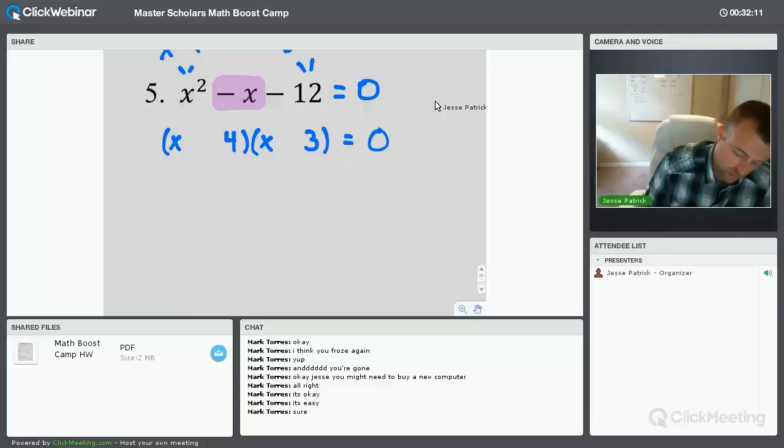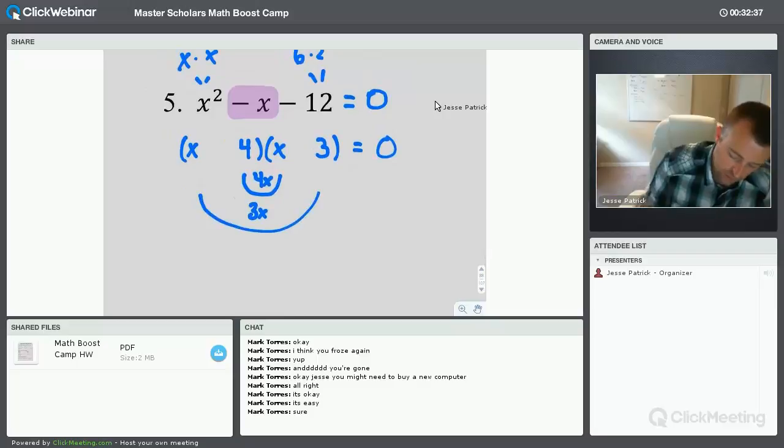Now if you were going to multiply this out, you would multiply your first terms, which gives you x squared. You multiply your last terms, which gives you 12. The question is what signs do I need here and here to get a -1x in the middle? When you FOIL, you're going to have a 4x and a 3x.